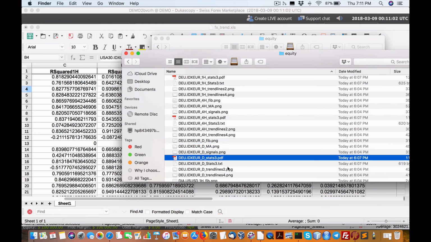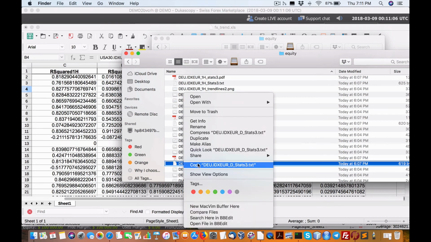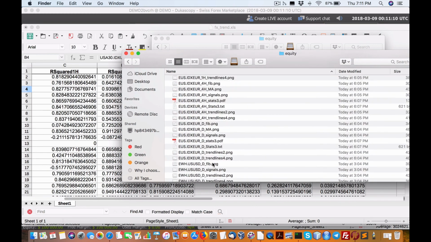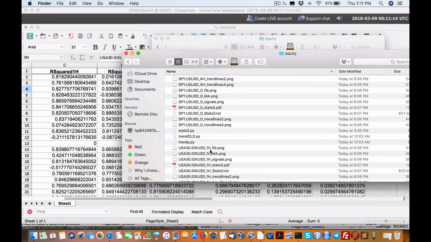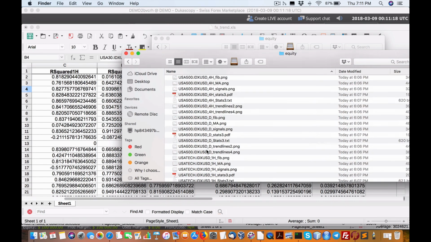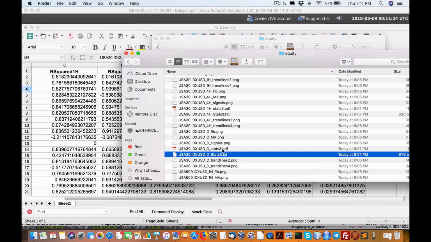The stats is another. So let me pull up one of the better performing, let's say the US 30, top 30. Okay, so statistically, we know this is a good one.